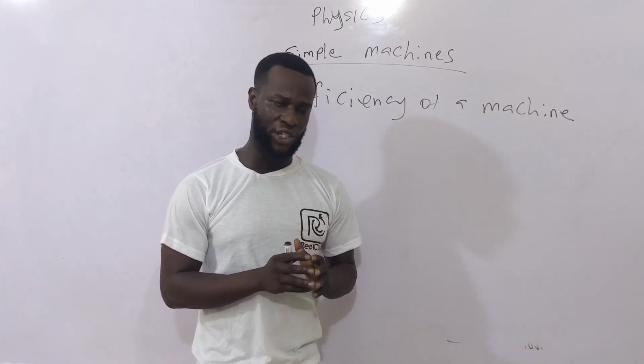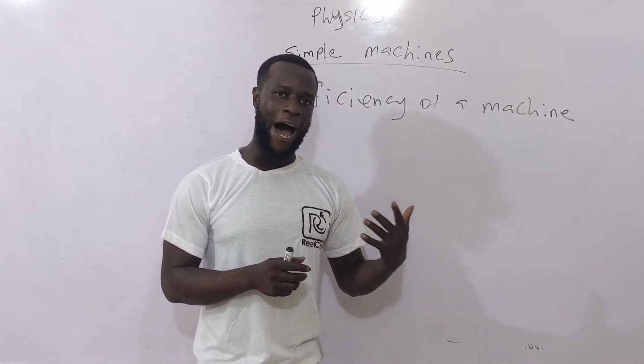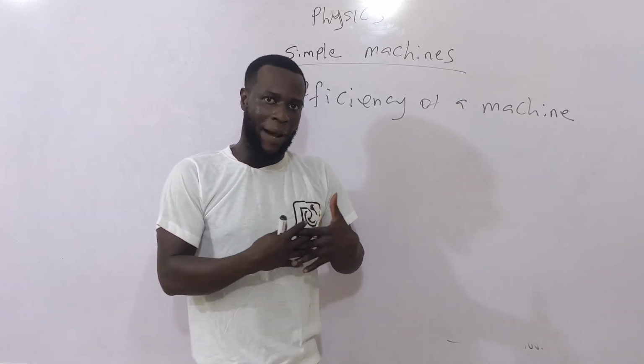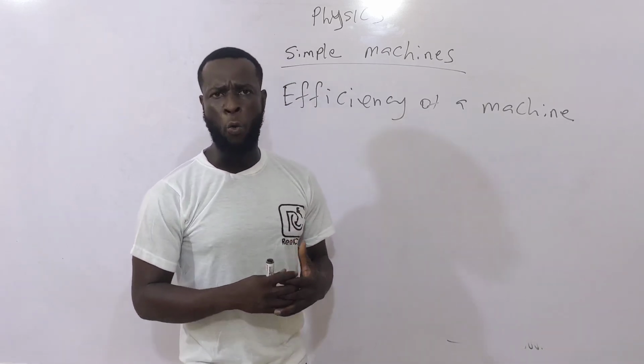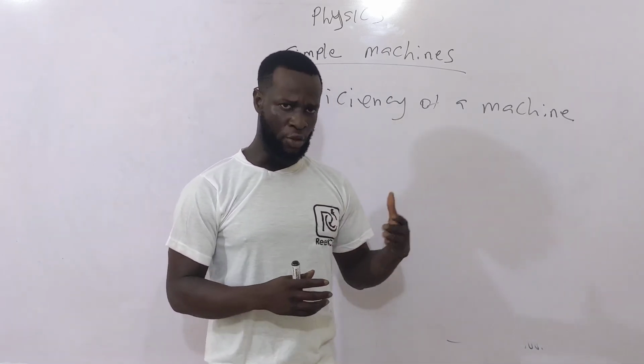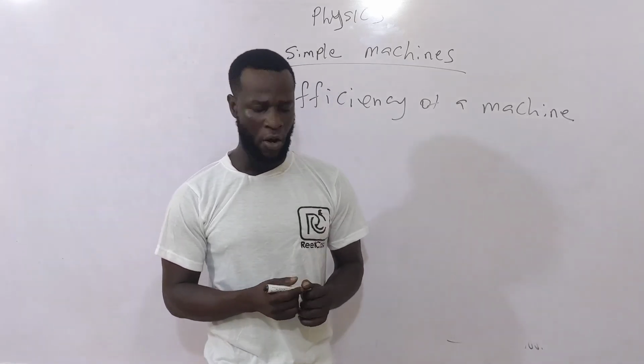When we say work output, it is the work done by the machine, while work input is the work put into the machine. So, efficiency of a machine is work output divided by work input times 100.